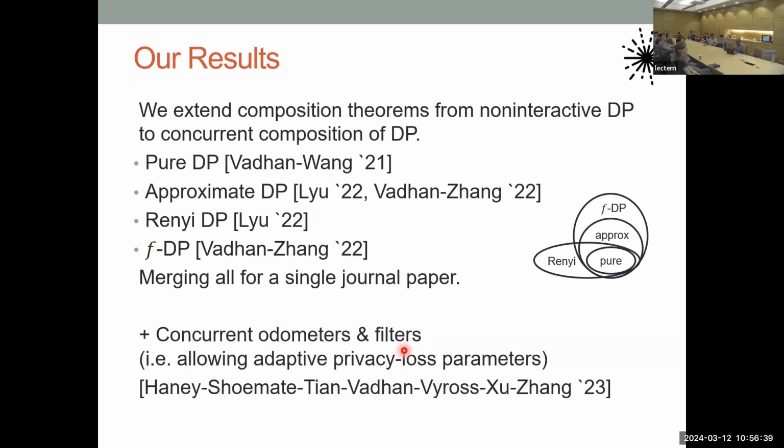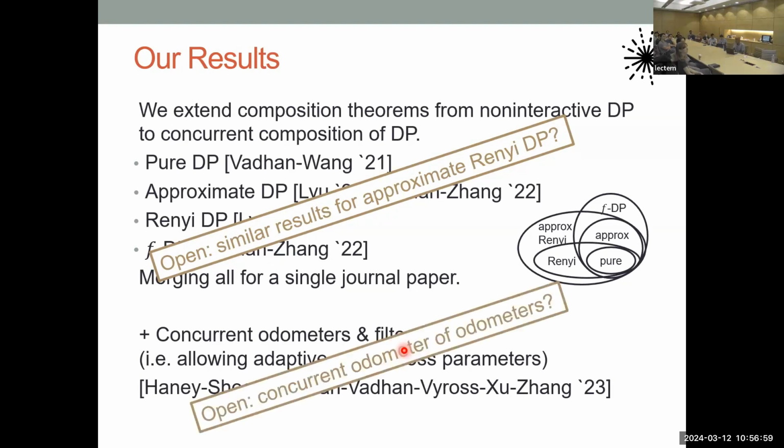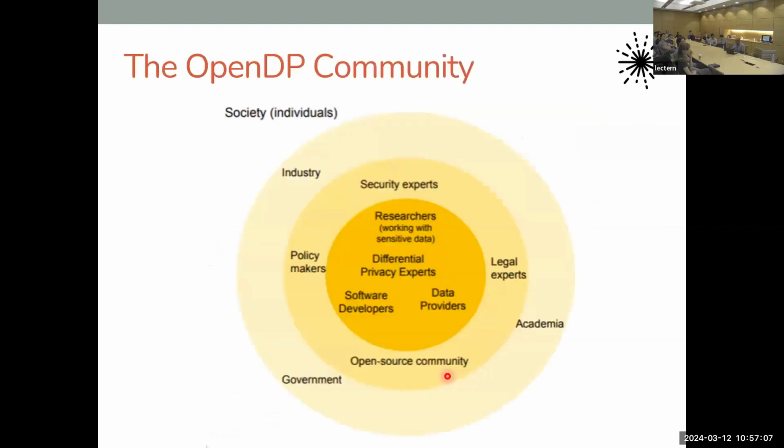And then in recent work, we've also extended to what are called odometers and filters, which is another form of composition where the privacy loss parameters, the epsilons, can also be chosen adaptively. Since I haven't gotten enough into these notions for these open problems to make sense today, I just want to point out there are still some very interesting open theory questions related to both of these results.